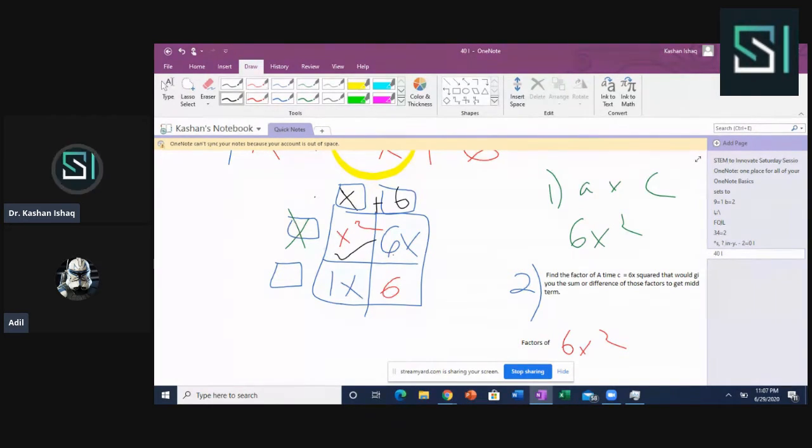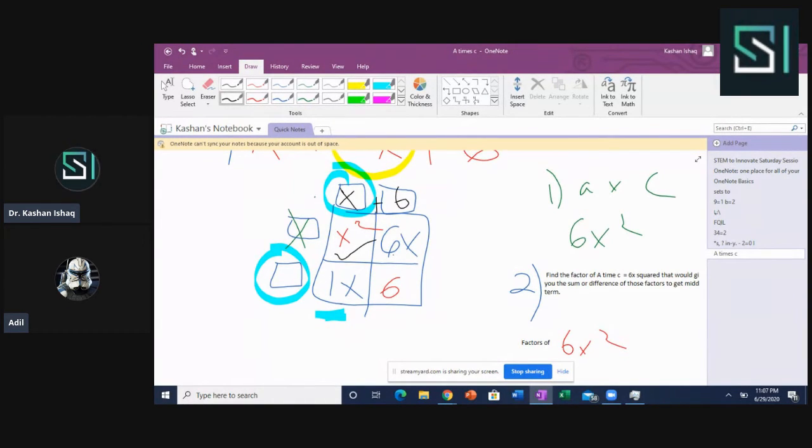Okay. Now, next one, I'm going to look at these, the one I'm circling with the blue. This times what would give me here to get 1x? How do I satisfy 1x? So x times what would give me 1x? I guess x times 1.